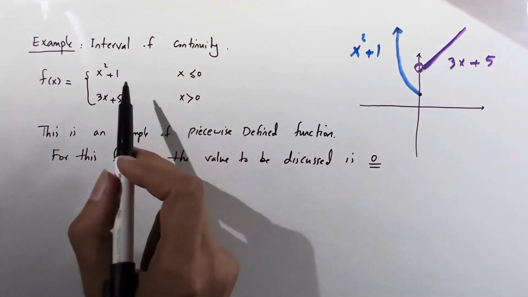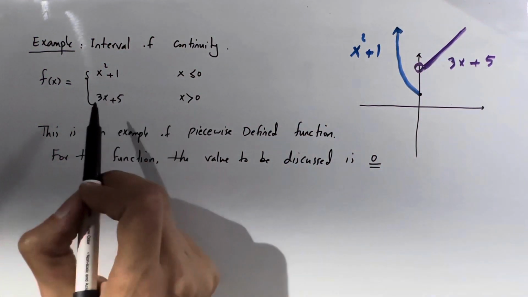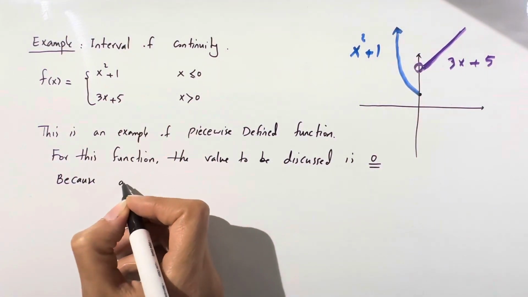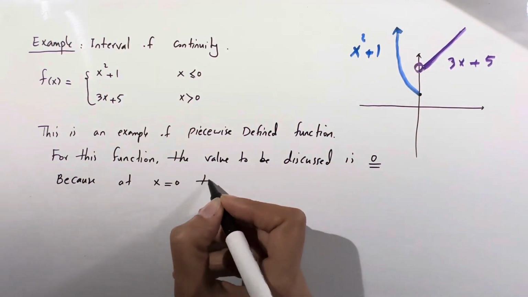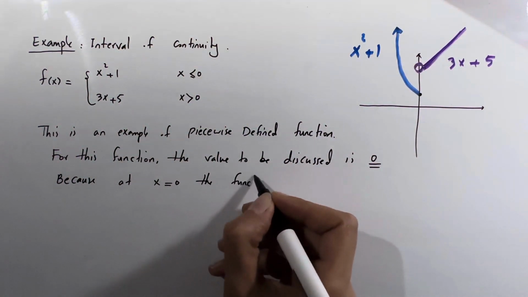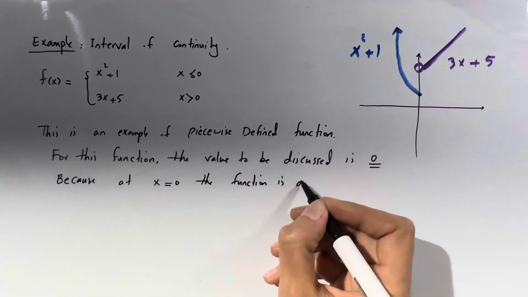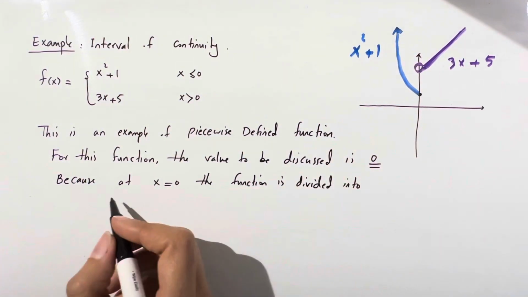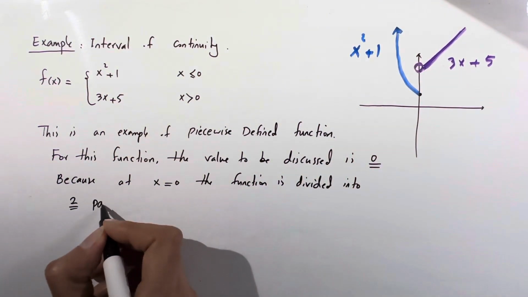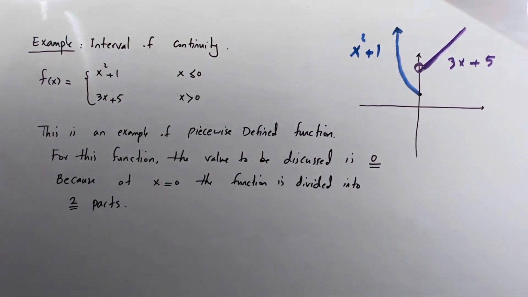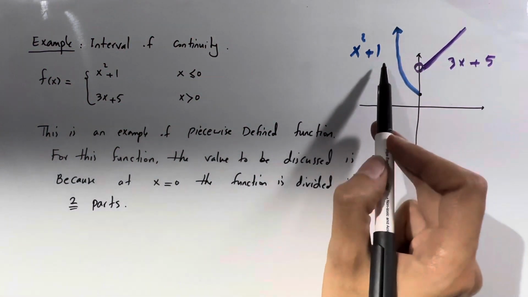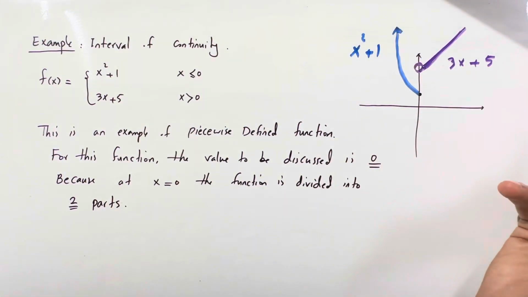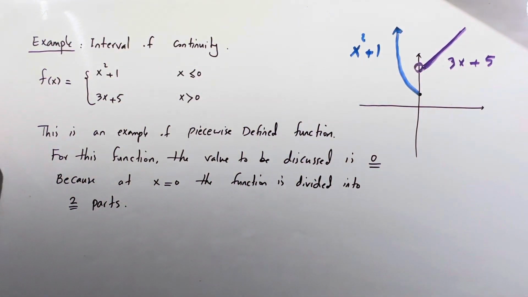Because at x equal to 0, the function is divided into two parts. So we need to find the limit at 0 from left, the limit at 0 from right, and check to see if they are equal to each other or not.